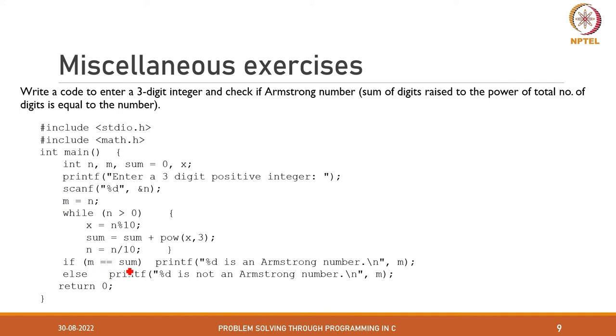So if m equals sum, then we'll say that it is an Armstrong number. Otherwise, if it is not equal to sum, then it is not an Armstrong number. Okay, so this will be the code for Armstrong number.